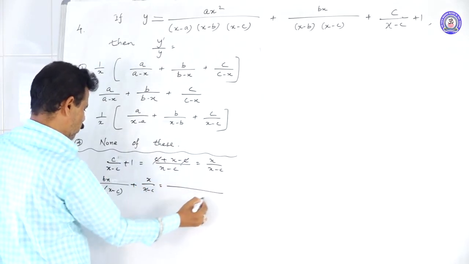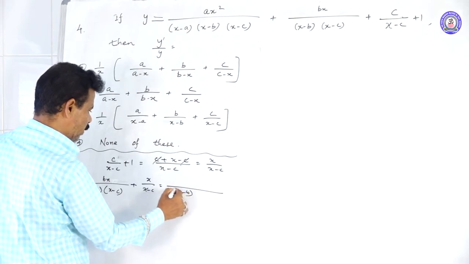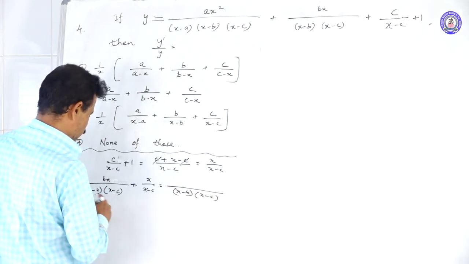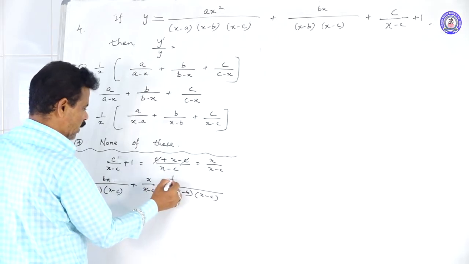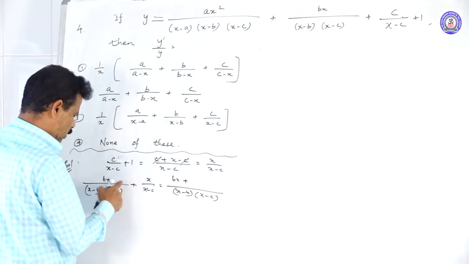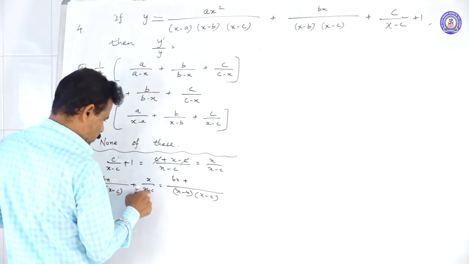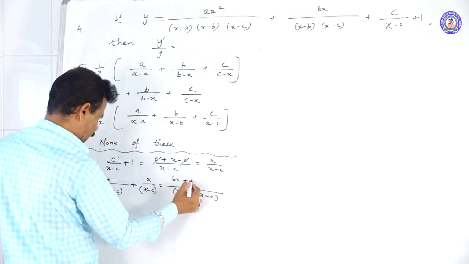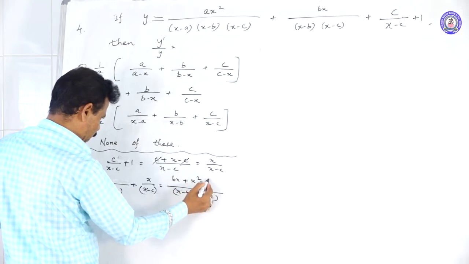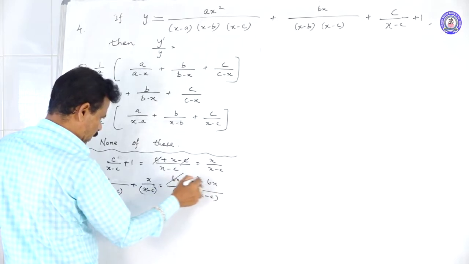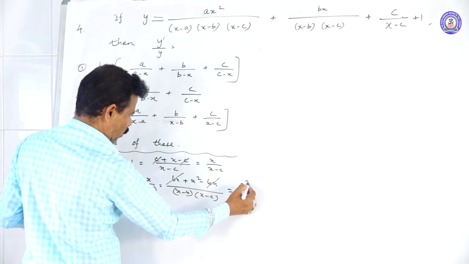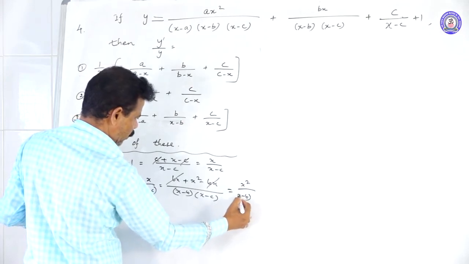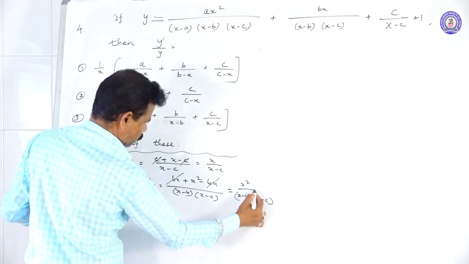This is equal to, here the LCM is x minus b into x minus c. Only bx here, plus x into x minus b. So x square minus bx, bx cancelled, x square by x minus b into x minus c.